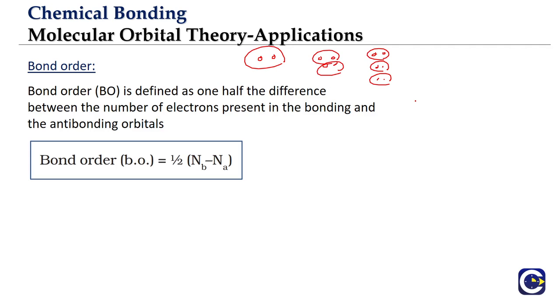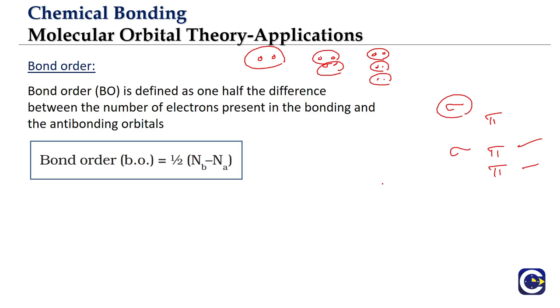In the valence bond theory, the overlapping of one set of atomic orbitals gives one single bond. If we have two sets of atomic orbitals overlapping, the first will be a sigma bond and the second will be a pi bond. If three sets of atomic orbitals are overlapping, the first will be a sigma bond, which is head to head overlap, and the second and third will be pi bonds.